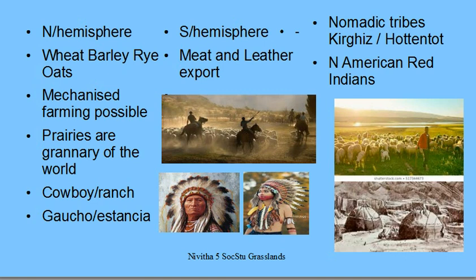The prairies are called the granary of the world because of the large amount of wheat that they grow and give us. Now, the people who take care of the sheep are called shepherds. The people who take care of the cow are called cowherds. These things we have heard. Now there is something called a cowboy. Cowboys are the people who ride on horses and take care of the ranch.